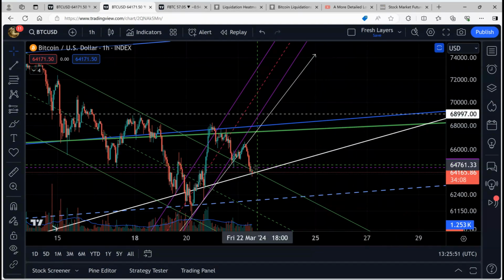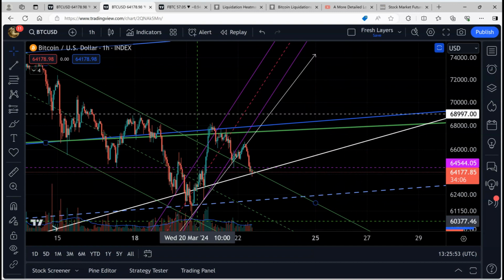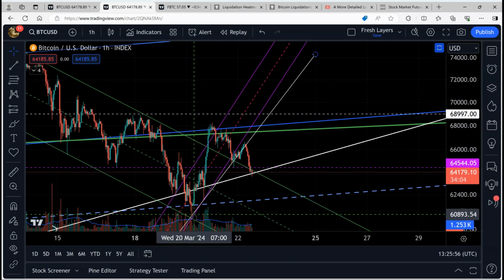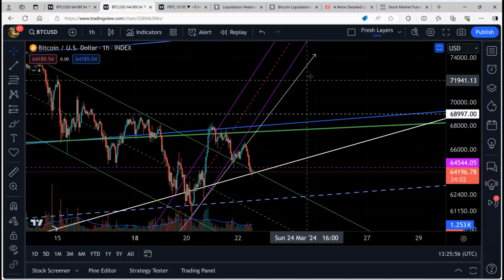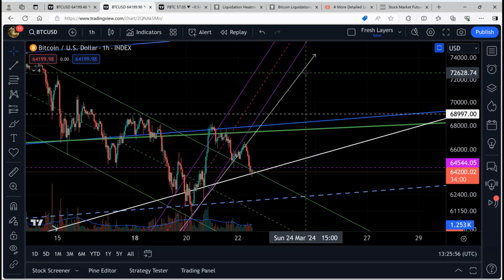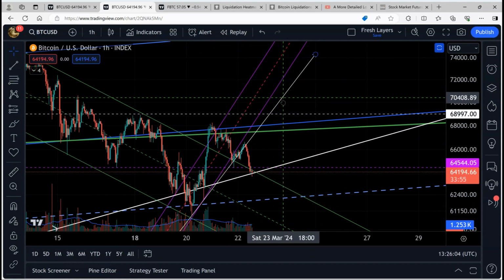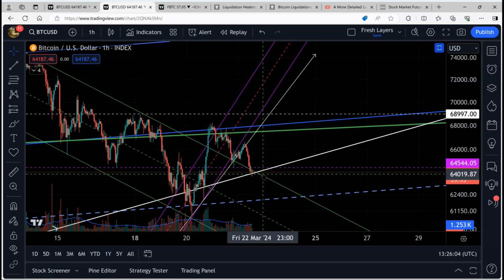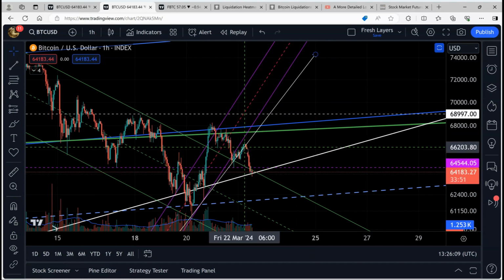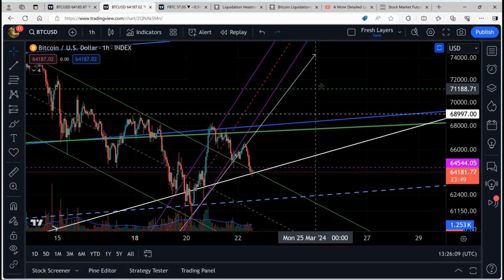And as it turns out, we had been following this other trend line here. This acted as a support line right here, until right at this moment when we came crashing down through it.